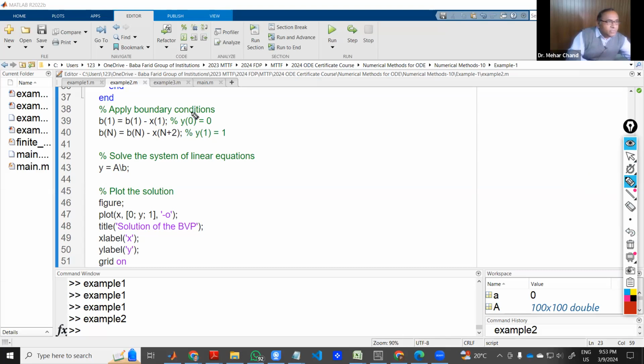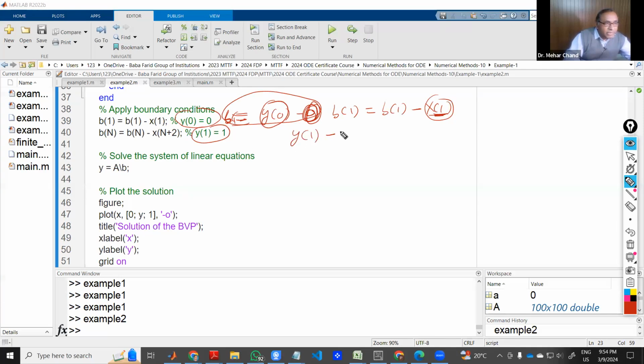So this equation you can write as y0 minus 0, you can write as b. Say this is the first boundary value, and this expression is the first one, and the index is 1. This is the first value, and this is only x1. The x1 is 0, so you can write 0 as x1. And from this part, you can write minus 1.